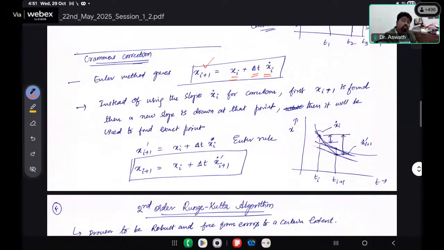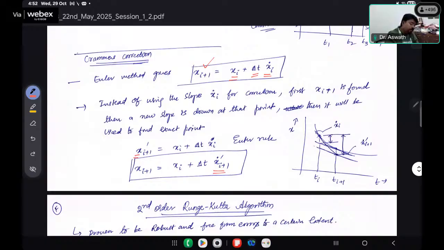Instead of using the old slope, you use a new slope. So the first step is to find the new point and treat it as some kind of intermediate point. Let's say we go to a destination via some point. Like that, you take the new point as some point where I am not going to settle.